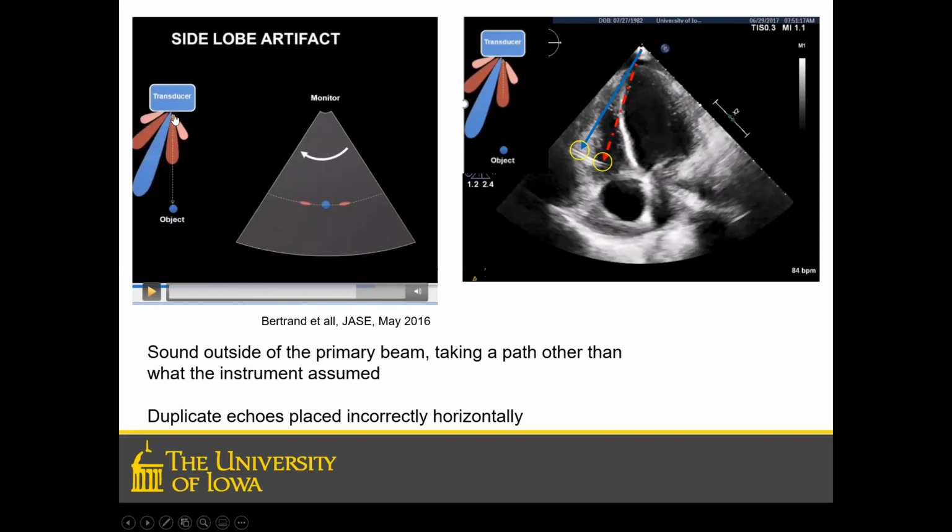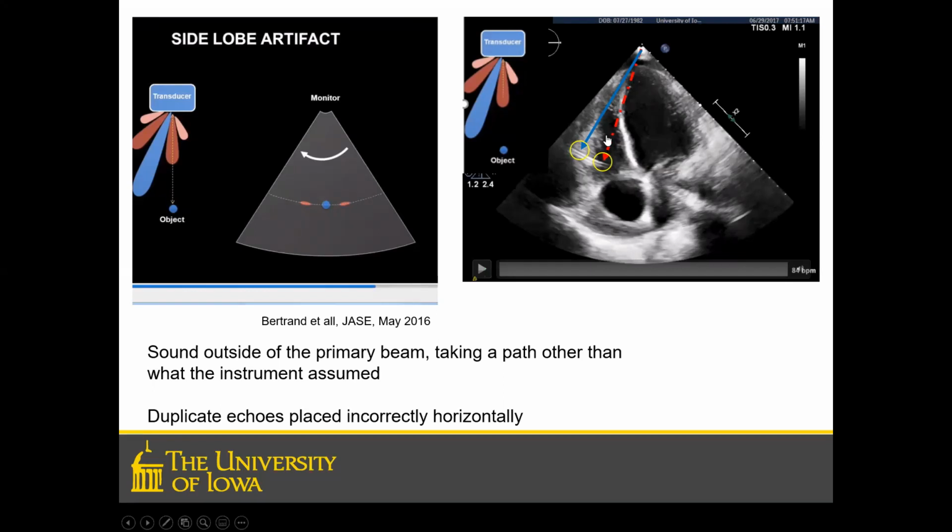So you can see in this frame, the beam is over here, but the grating lobe is this way. So when the grating lobe hits this reflector and it goes back, it is displayed as if it is where the primary beam is. So you have artifacts displayed incorrectly in the horizontal plane. Now, what you have to remember is that this beam is a three-dimensional beam, which means you also have grating lobes coming out in the elevation plane as well.